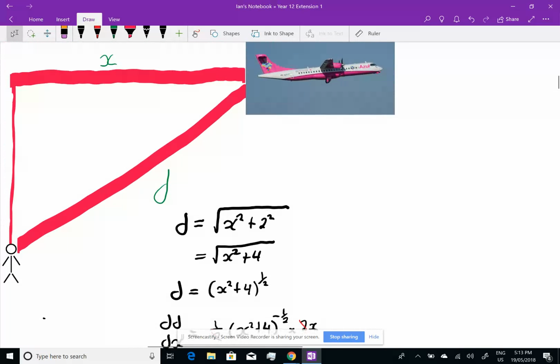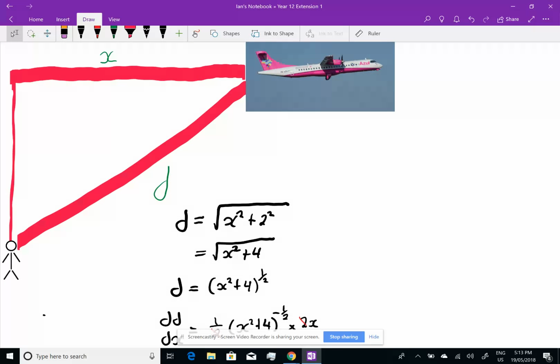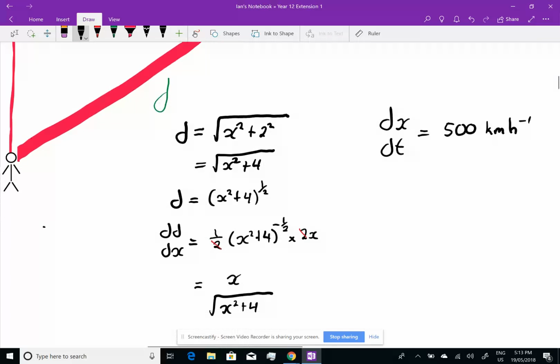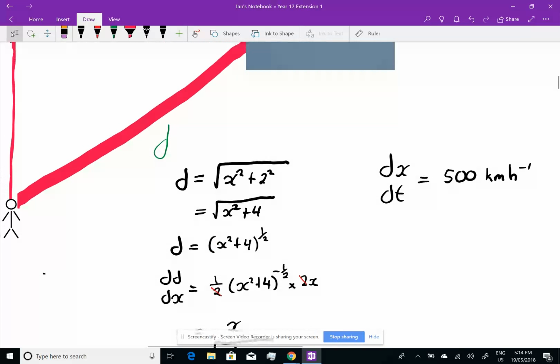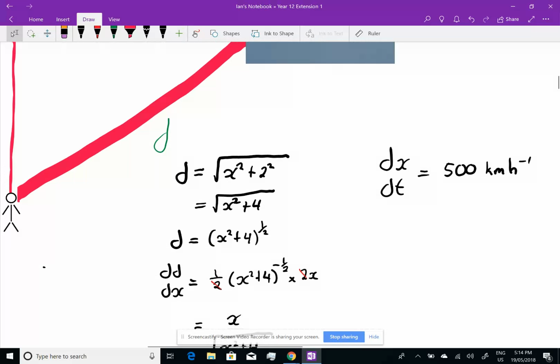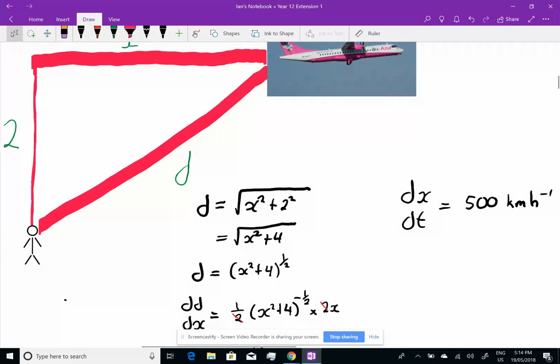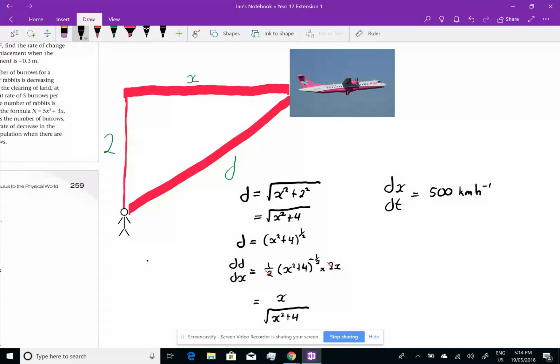Well, what other information did they tell us? They told us that the horizontal distance has a rate of 500. So dx/dt, because it's a rate in time, equals 500 kilometres per hour. Now, what do I want? I want the rate of change of D, the distance between the observer and the plane. So I'm going to find dD/dt.